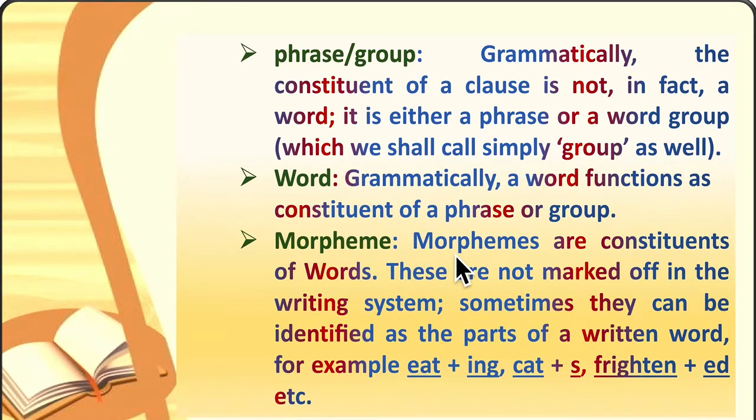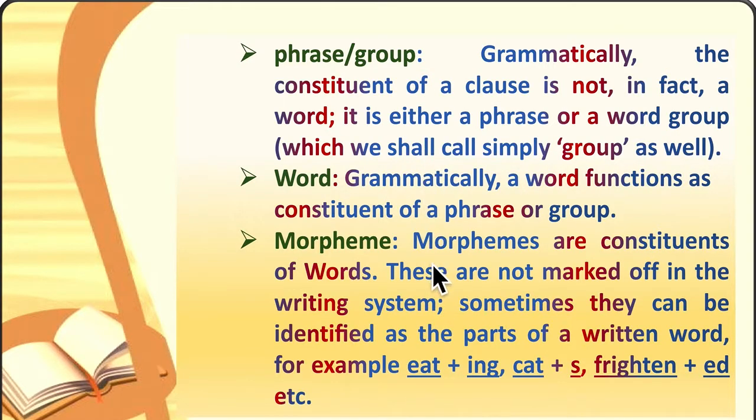Morpheme. Morphemes are constituents of words. These are not marked off in the writing system. Sometimes they can be identified as the parts of a written word. For example, eat, eating, cat, cats, frighten, frightened.